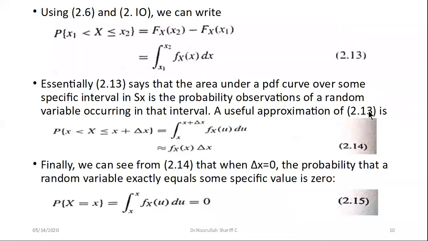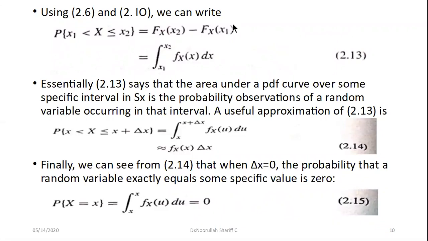A useful approximation is that in place of x1, x2, we write x and x plus dx. Then this will be f_X(x) del x, where del x is a small value.